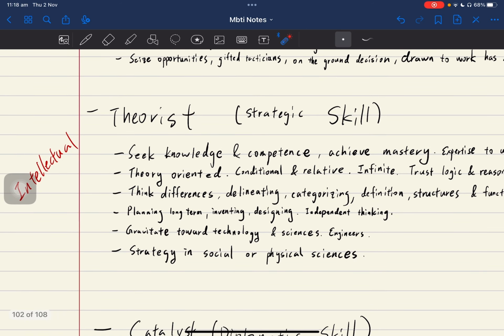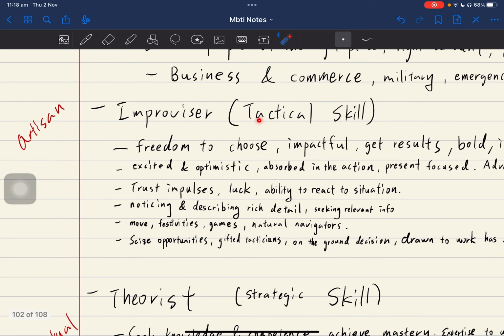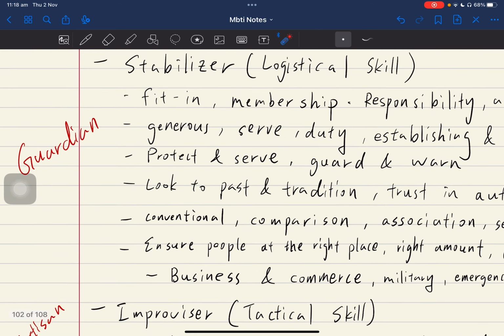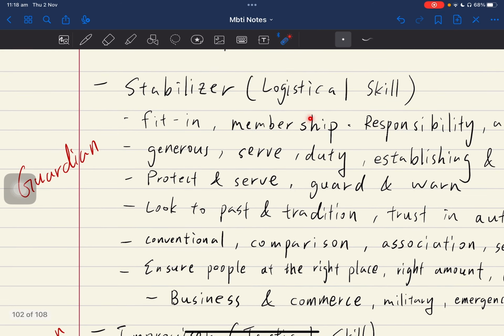And the next one, we have this intellectual called theorists. They have good strategic skills. Whereas the artisans are like the ground commanders, this one would be like the generals, kind of. The strategic generals, and the guardians are like the logistic generals.